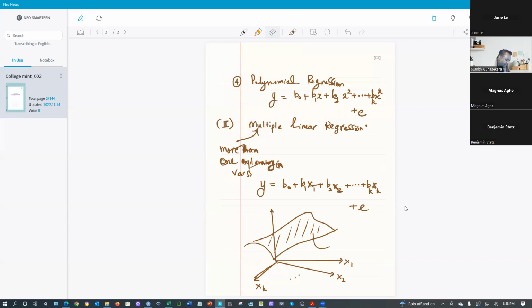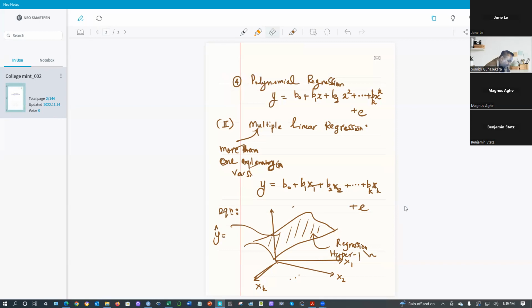So, the regression hyperplane. Its equation is nothing but y hat. The estimated value is going to be on the plane, while the actual value is going to be somewhere in the space.